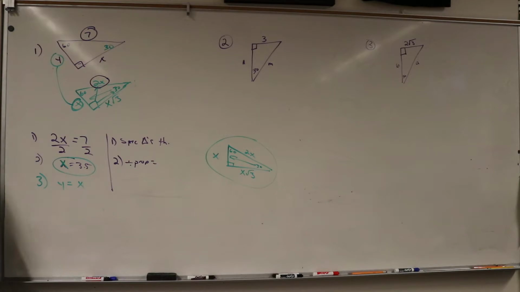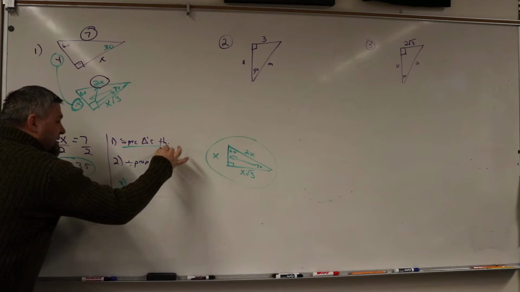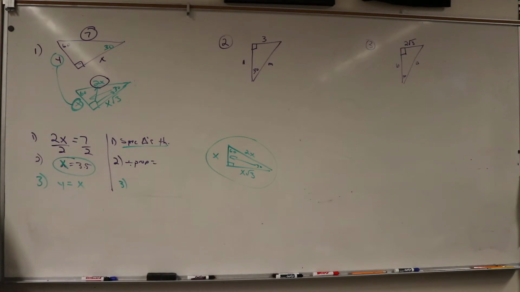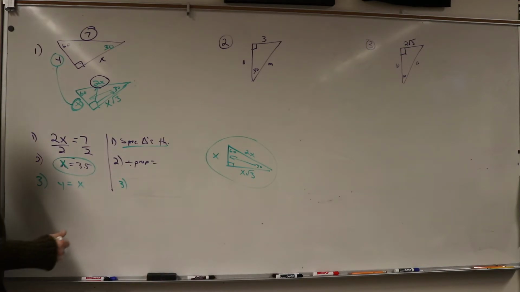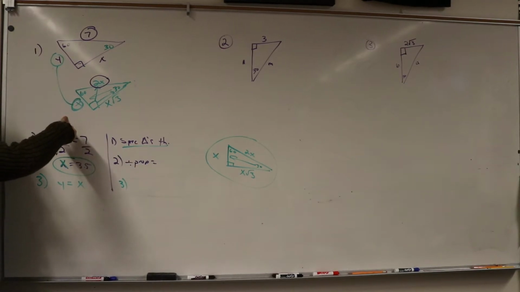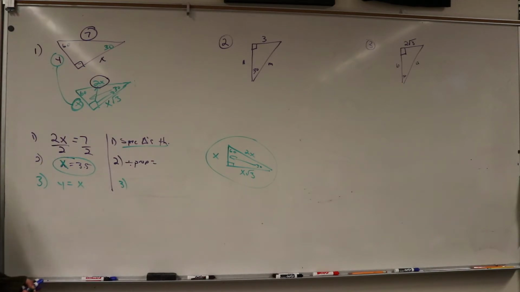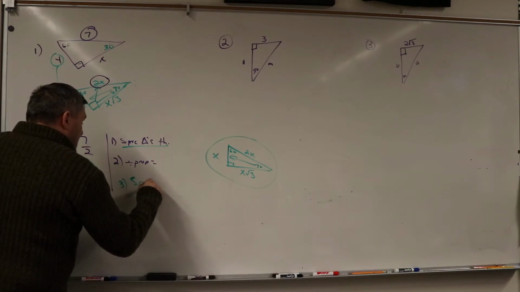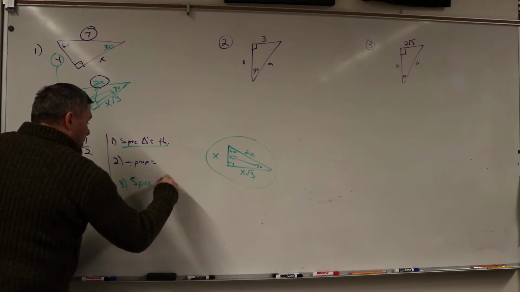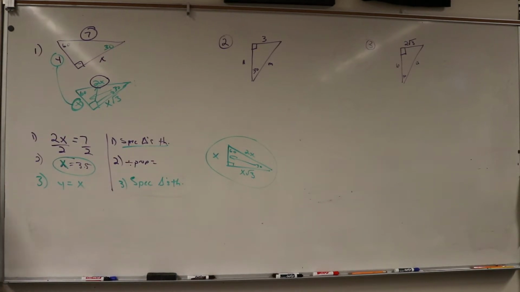Correct? Why can we say that? It goes right back to that first. Why can we say that these two are equal? And it's the same reason why we can say these two are equal. Because they're special triangles. That's it. Notice this up there on one? Special triangles theorem.